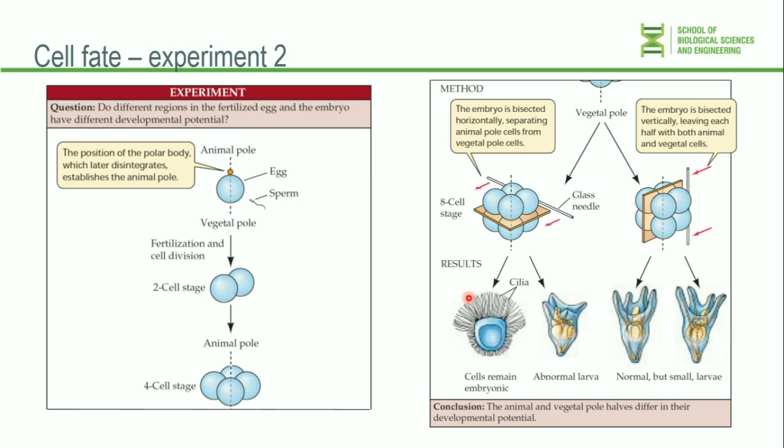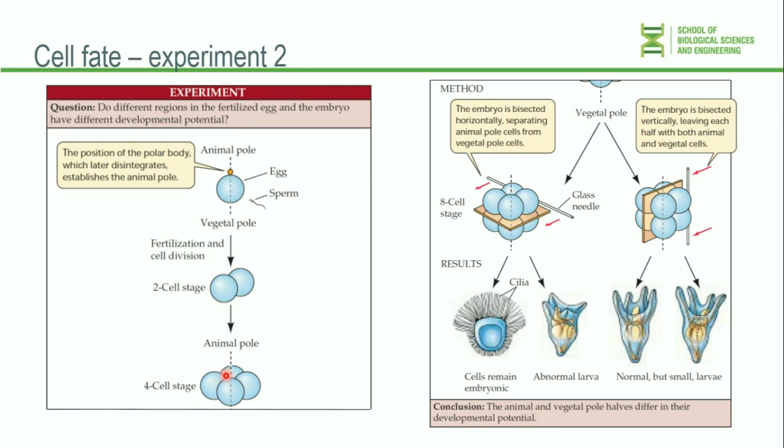Well, we have an egg cell that is being fertilized by a sperm cell. This egg cell has an unequal distribution of cytoplasm on the inside, animal pole, vegetal pole. This cell, after fertilization, will divide, produce a two-cell stage.